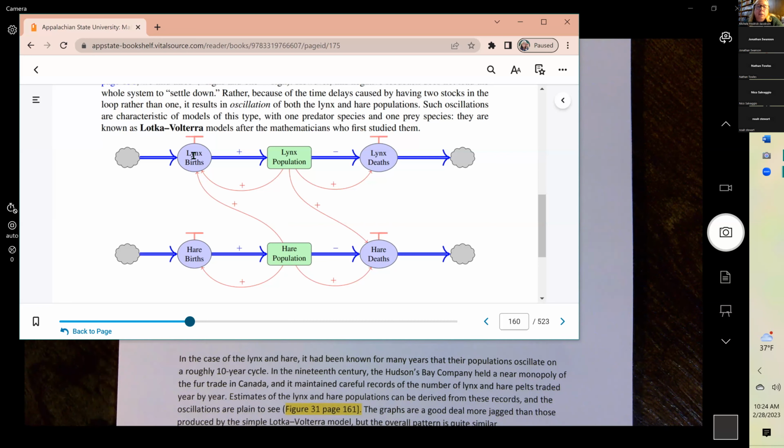So then I guess you could look at this one as a loop. Any questions on that?